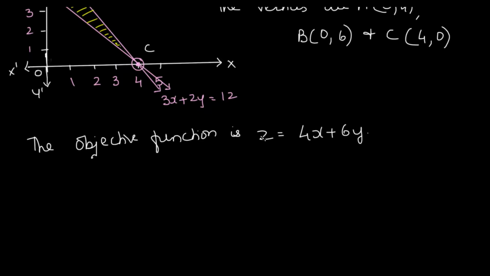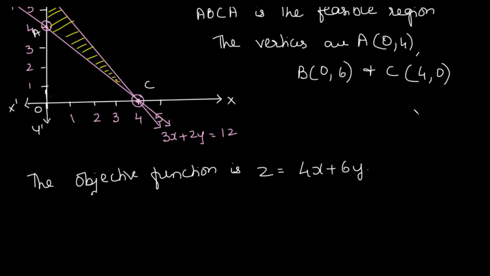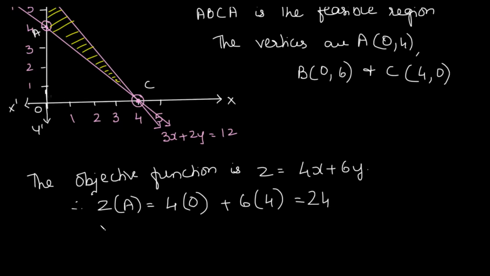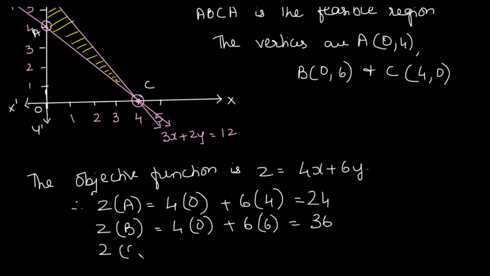Applying the values of A, B and C to the objective function, we get ZA is equal to 4 into 0 plus 6 into 4, which is 24. Similarly, ZB becomes 4 into 0 plus 6 into 6, which is 36, and ZC is 4 into 4 plus 6 into 0, which is 16.